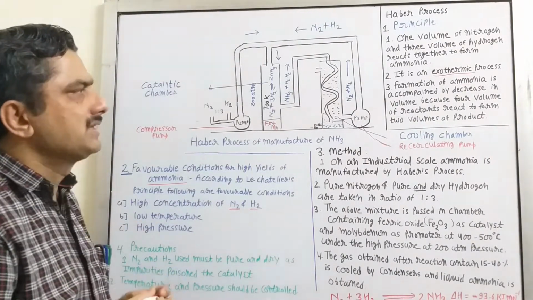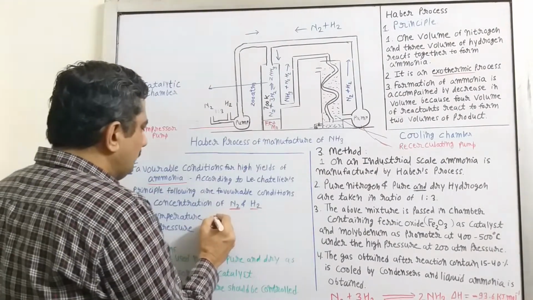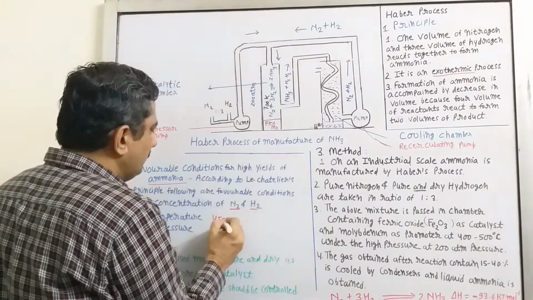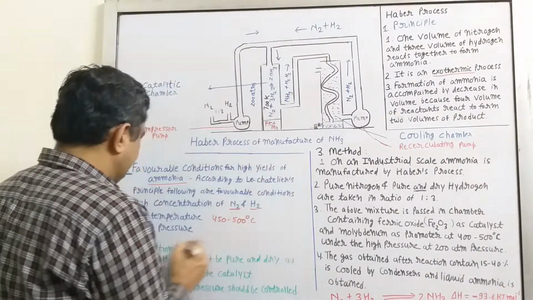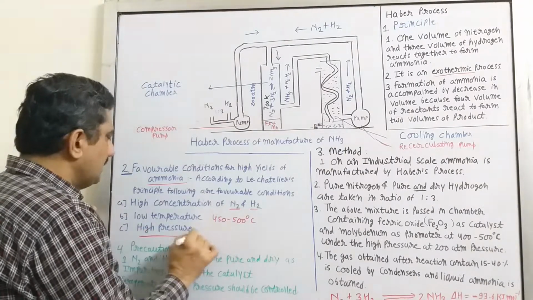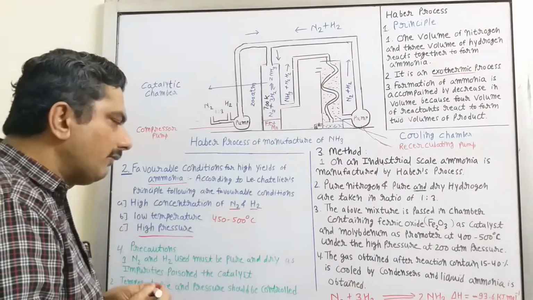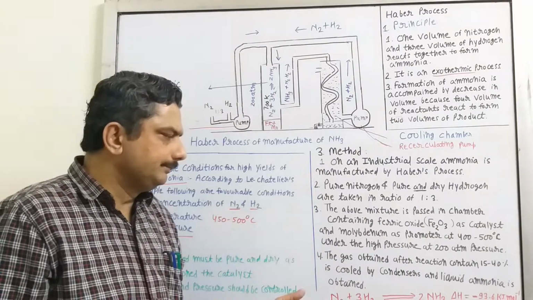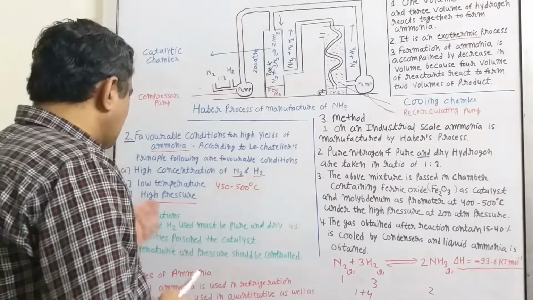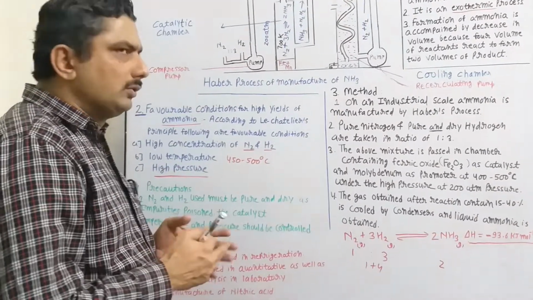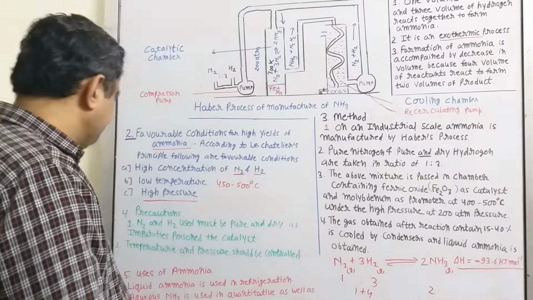Because this reaction is exothermic in nature, it requires low temperature; near about 450 to 500 degrees centigrade is the optimum temperature. And high pressure. In this reaction, the number of moles of reactant is 4, while the number of moles of product is 2. That's why high pressure is required to facilitate the reaction in the forward direction.